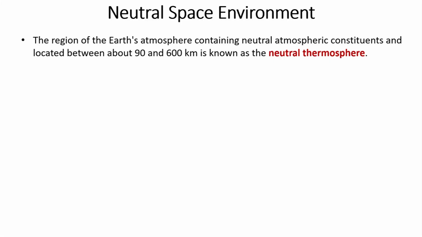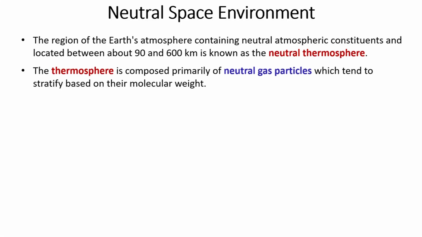Of course, inside this thermosphere the ionosphere also comes, we will mention all those things from time to time whenever it is relevant. The thermosphere is composed primarily of neutral gas particles which tend to stratify based on their molecular weight. Again it depends on the gravitational pull.